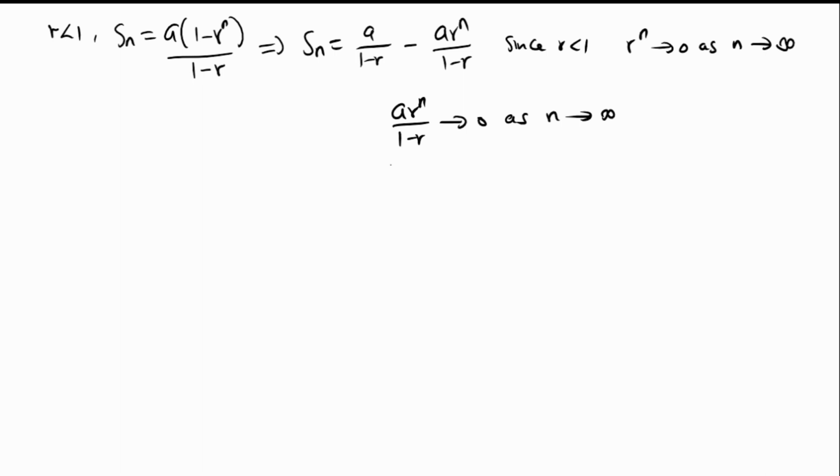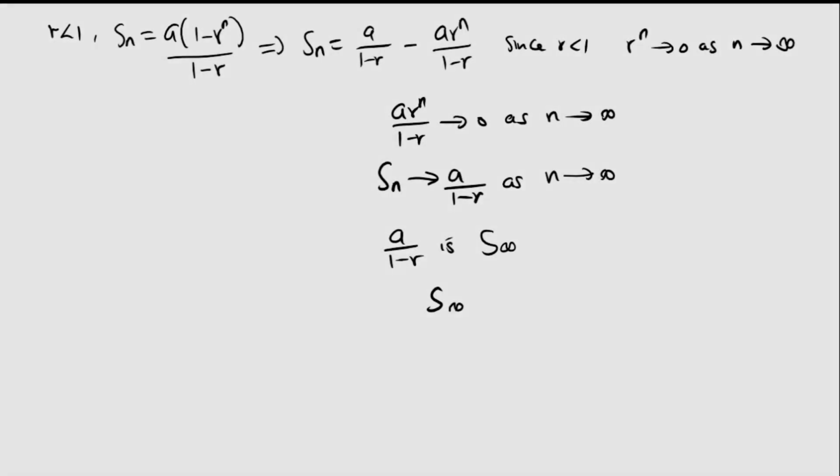And thus, the sum of n terms approaches a over 1 minus r as n approaches infinity, where a over 1 minus r is called the sum to infinity, and it is the limiting value of the sum of infinite number of terms.